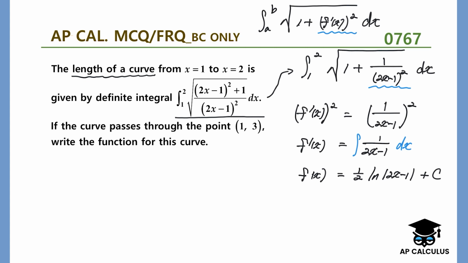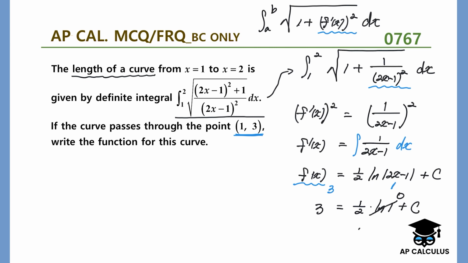Now this function passes through the point (1, 3). So when x is equal to 1, y is equal to 3, right? So 3 is equal to 1/2 natural log of 1 plus C. We know that natural log of 1 is equal to 0, right?